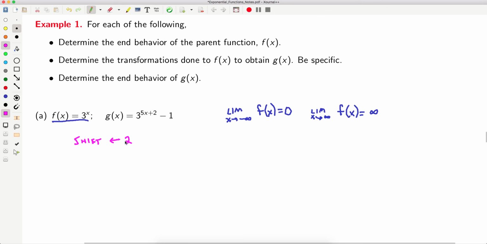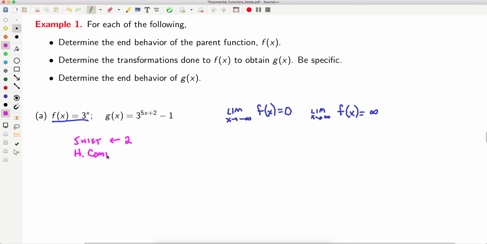Next up, any horizontal compressions or reflections or anything like that. That would be replacing our x with, in this case, a 5x. Replacing our x with a 5x is going to compress our graph towards the y-axis, so it is a horizontal compression.